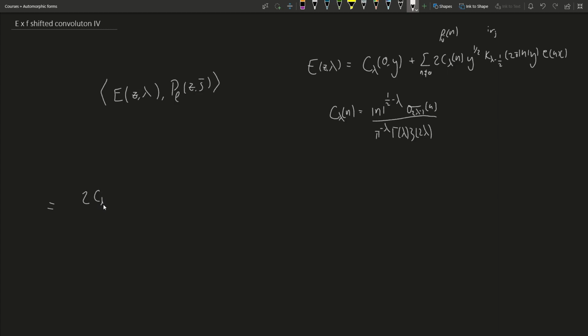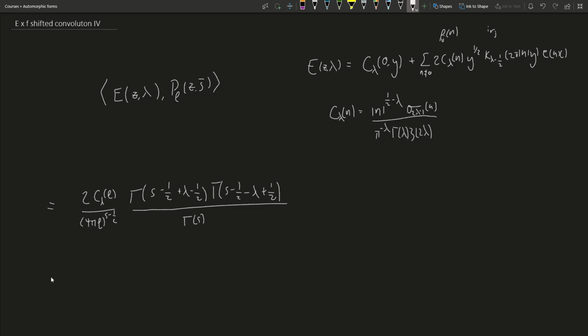This will be C lambda of L over 4 pi L to the S minus 1/2, and then our gamma functions are gamma of S minus 1/2, and then instead of i r j we have lambda minus 1/2, so plus lambda minus 1/2 times gamma of S minus 1/2 minus lambda plus 1/2 all over gamma of S.